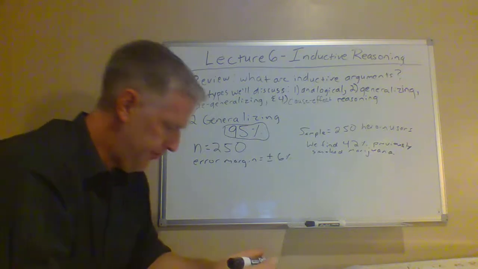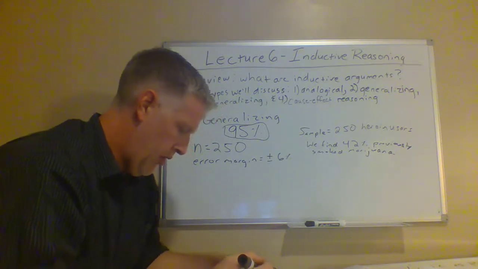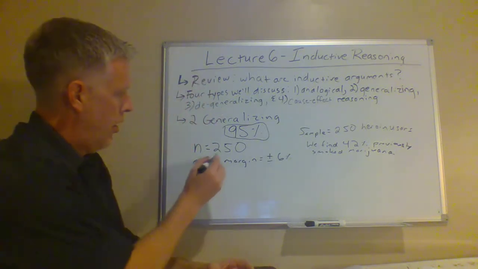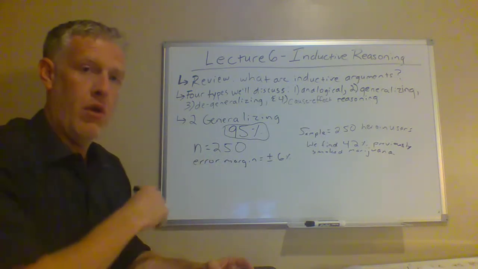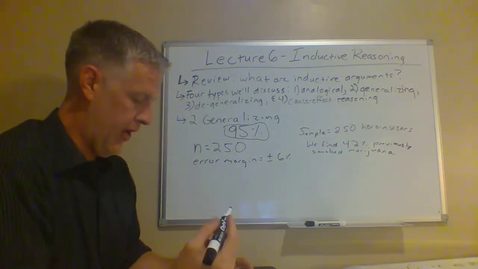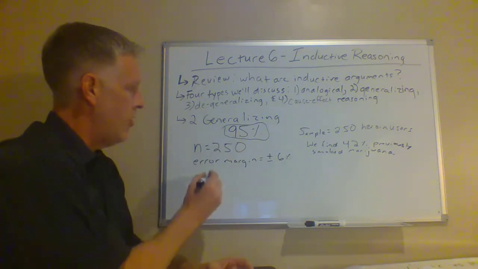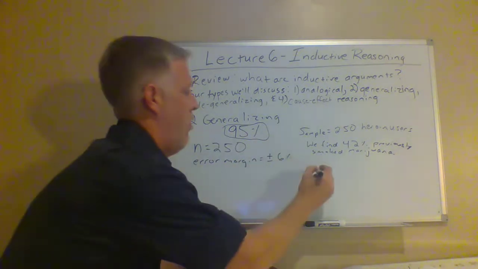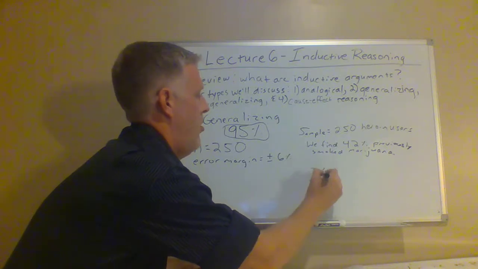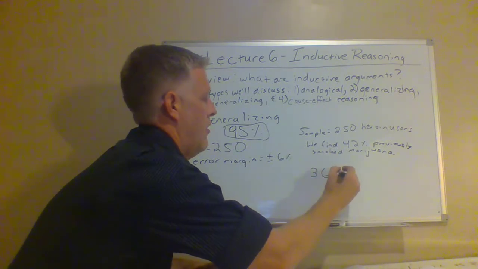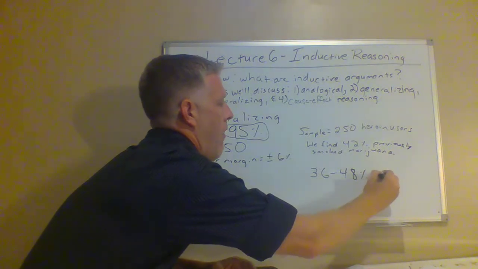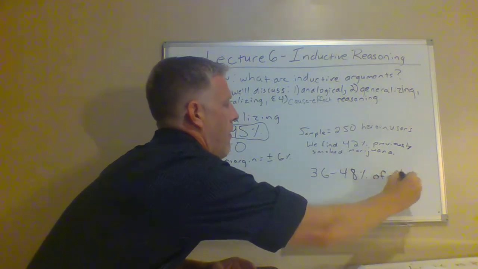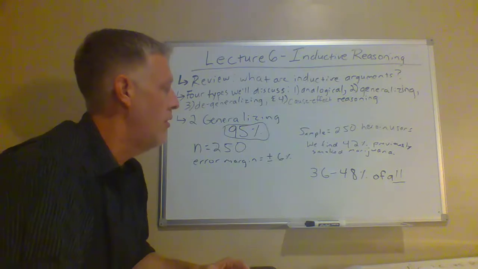So that's our example. Given this, what we can infer, given the statistics, is that we can be 95% sure that 36 to 48% of all, of the entire population.